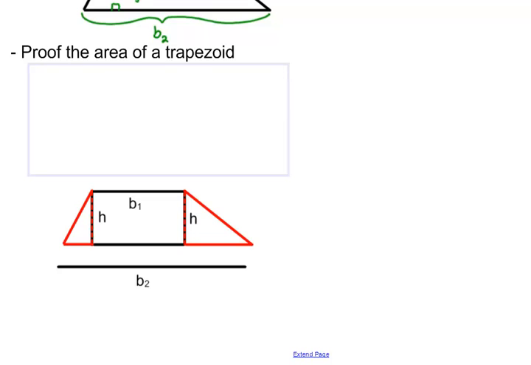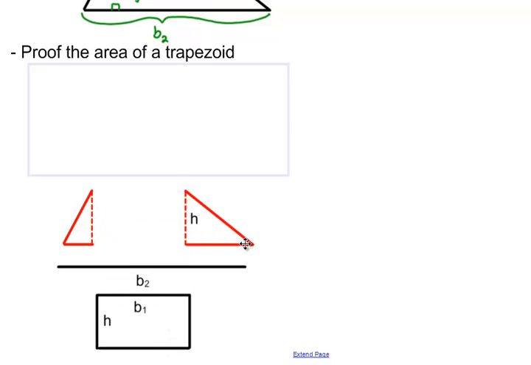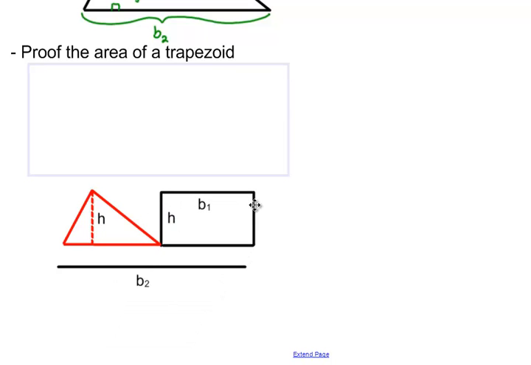So what we can do is tear stuff apart and rearrange it. What would happen if I take my triangle and just move it down? Actually, I'll do it this way. I'll take my rectangle out, and I'm going to shift. So now what happens is I have a triangle formed, and a rectangle.